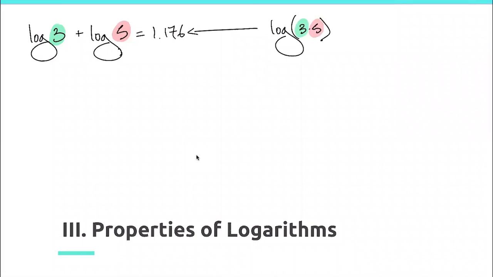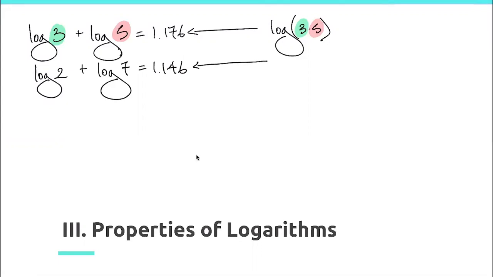Okay. Let's try that one more time. Log 2 plus log 7. So log 2, close the parentheses, plus log 7 gives us about 1.146. And what should that be equal to?